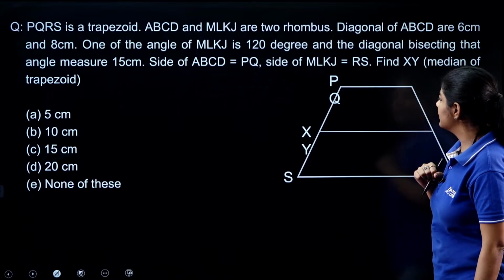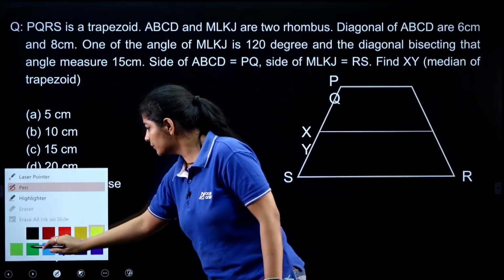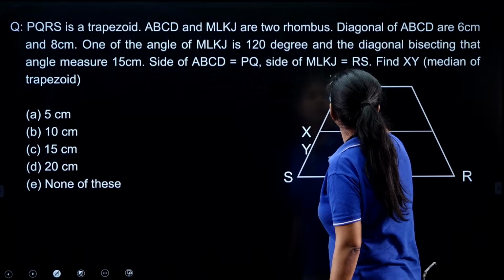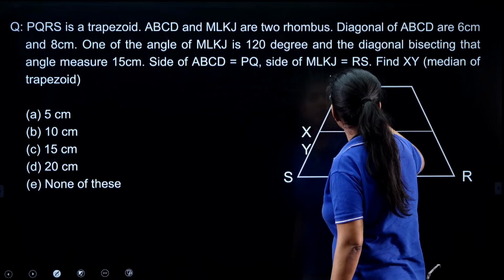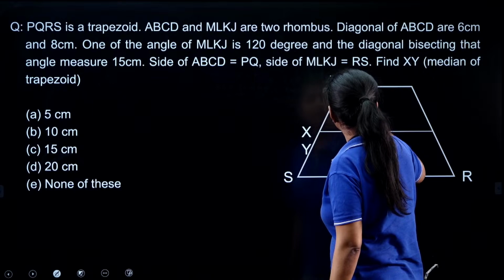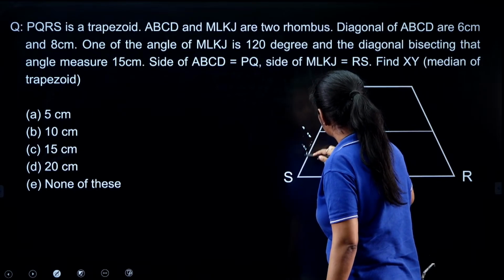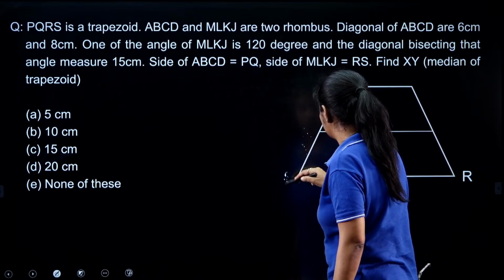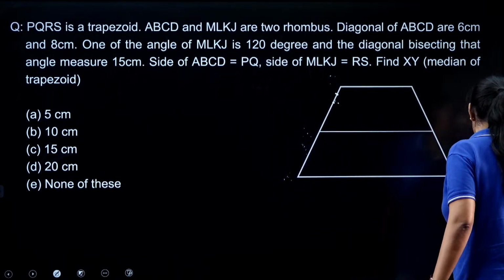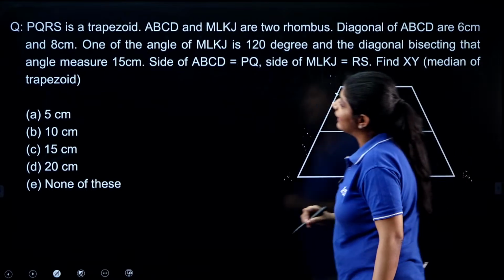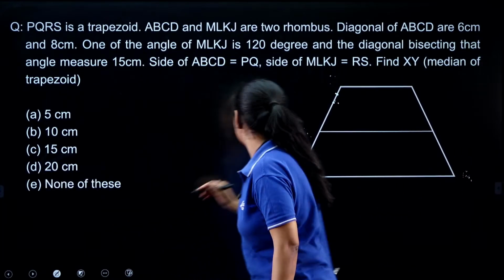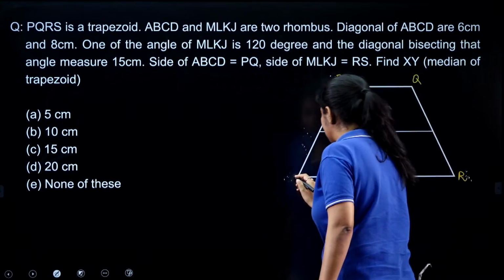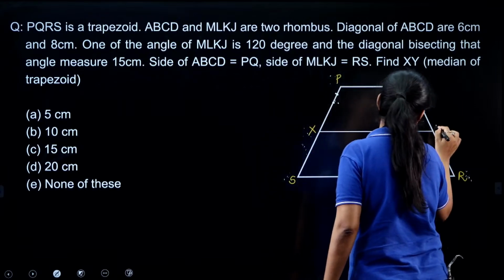Here we have a trapezium PQRS, and here we have X and Y, right?